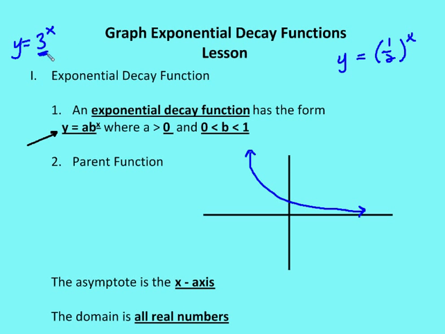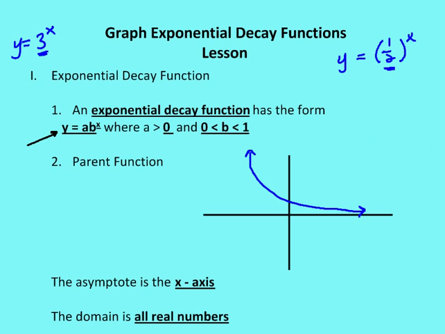So you see the value of b in this case is greater than 1, and the value of b in the case of the decay function is going to be between 0 and 1. So in both cases, a is going to be greater than 0 for exponential growth and decay. We say that a is greater than 0. But for the value of b, you see that it needs to be greater than 1 for growth and between 0 and 1 for decay.